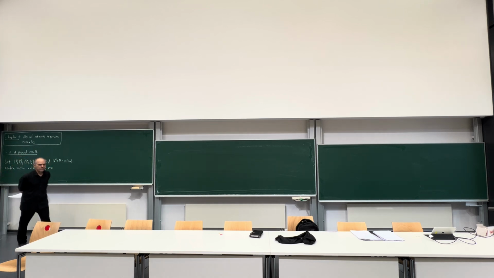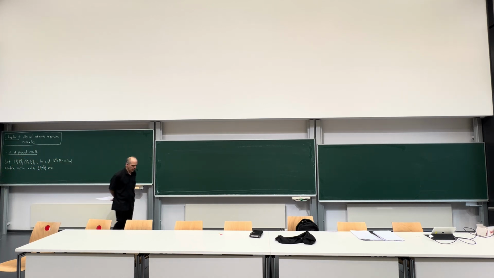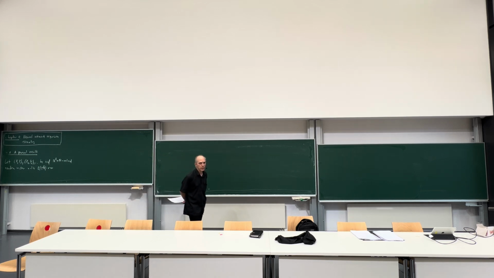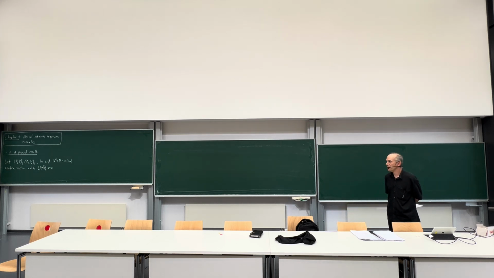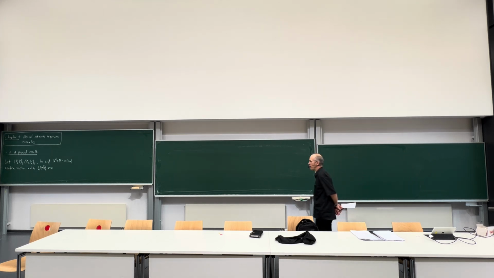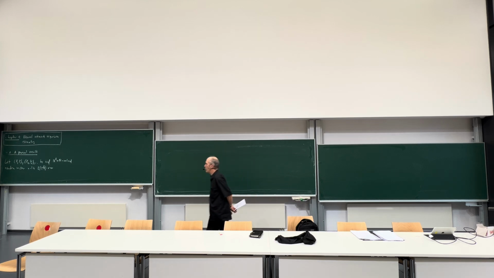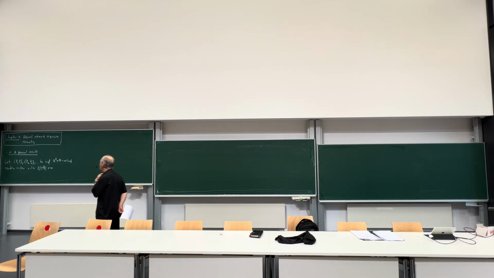Because basically, I have an object which has some property which I want to predict, which is the label or the value of Y, and this has some properties X which I observe, and I want to use X to predict Y. I want to do it such that the mean squared error, so the expectation of (f(X) minus Y) squared, is as small as possible, but that makes only sense if Y is square integrable.